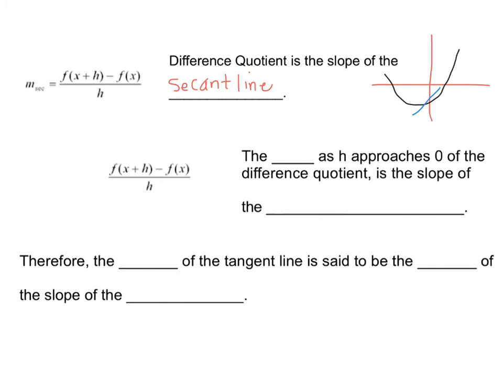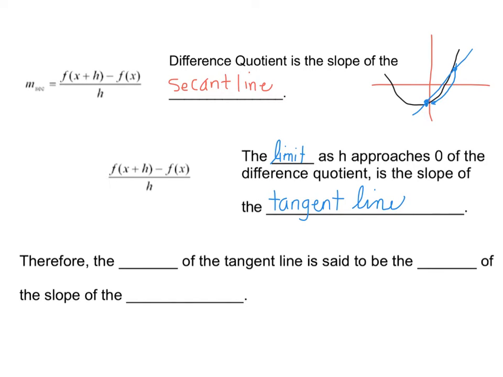And then we have this secant line here and here. As we begin to move this point back towards the original point, we are actually taking the limit. The limit as h approaches 0 of the difference quotient is the slope of the tangent line.